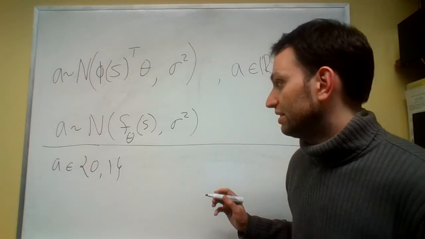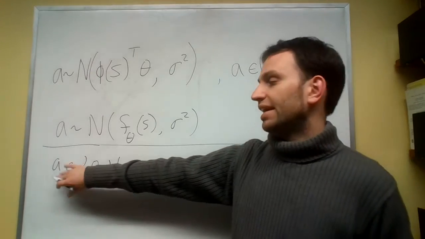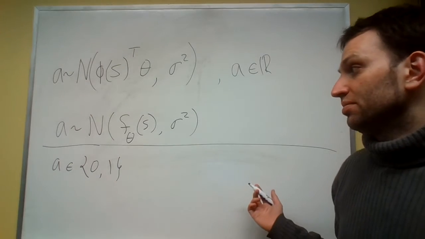Well, if A is either 0 or 1, it looks like A is Bernoulli distributed, right?